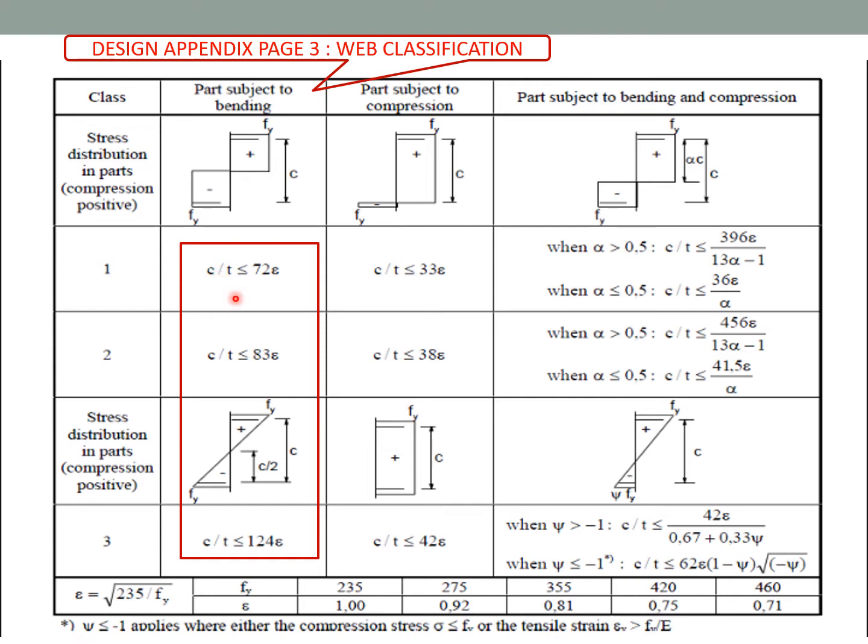And if your calculated C over t is less than 72 epsilon, then our section is classified as class 1. Otherwise, if C over t is greater than 72 epsilon but less than 83 epsilon, then our section is class 2.